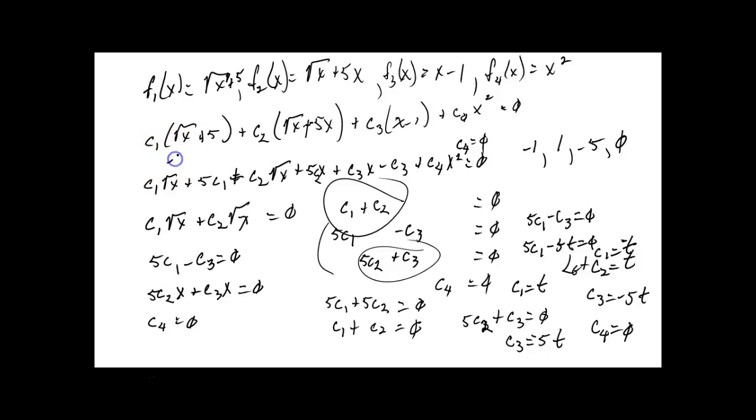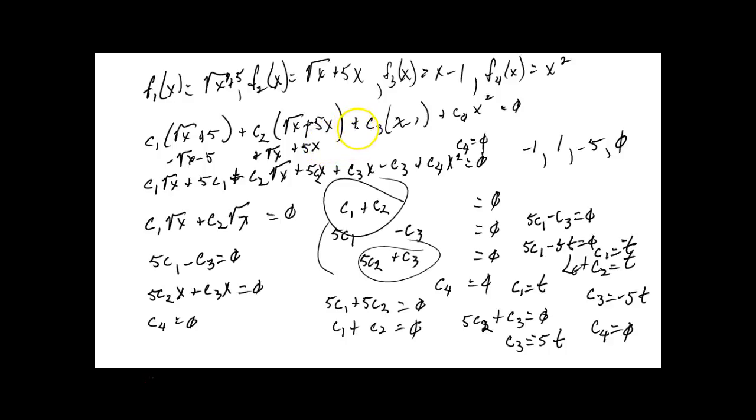That would be a minus square root of x minus 5. Here you'd have a plus 1. So you have plus square root of x plus 5x.